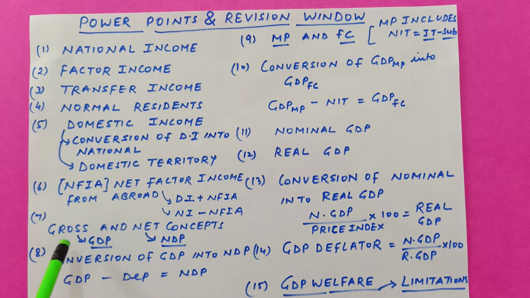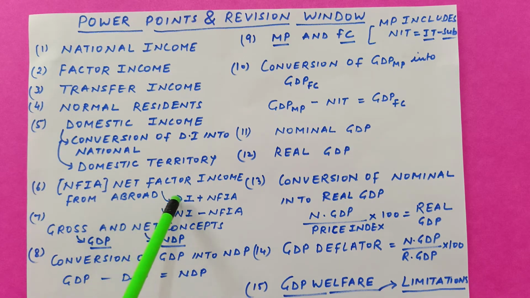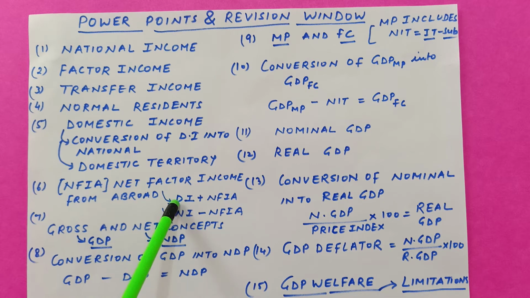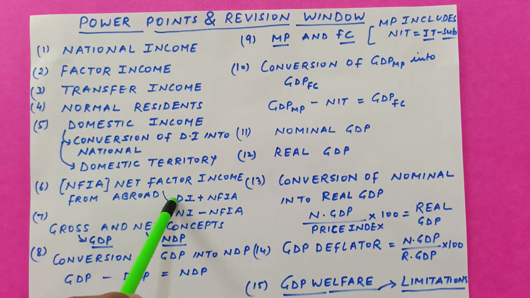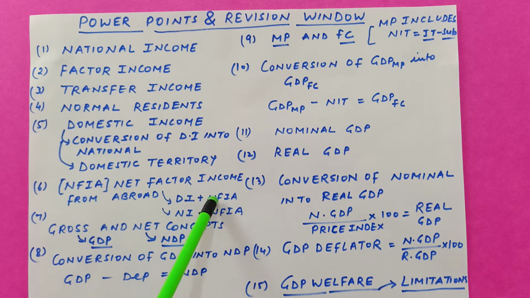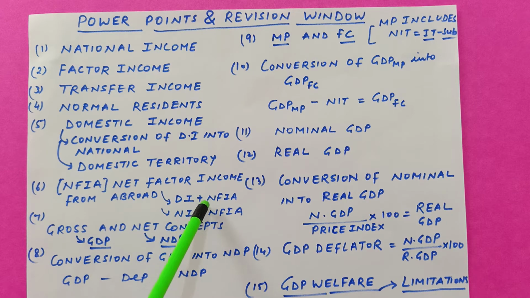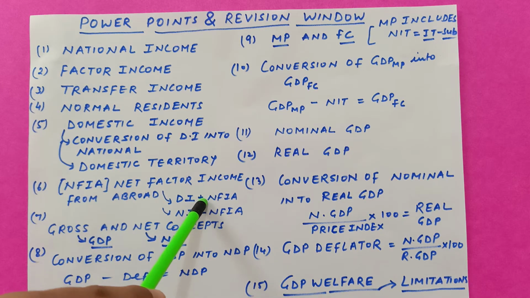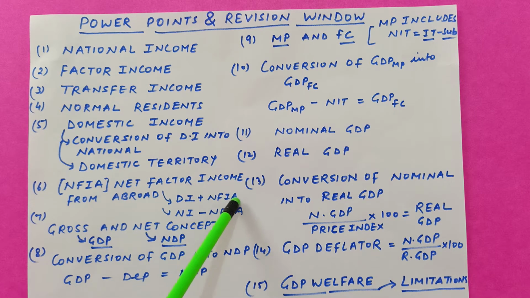Now come to domestic income. Domestic income does not include NFIA and national income includes net factor income from abroad.